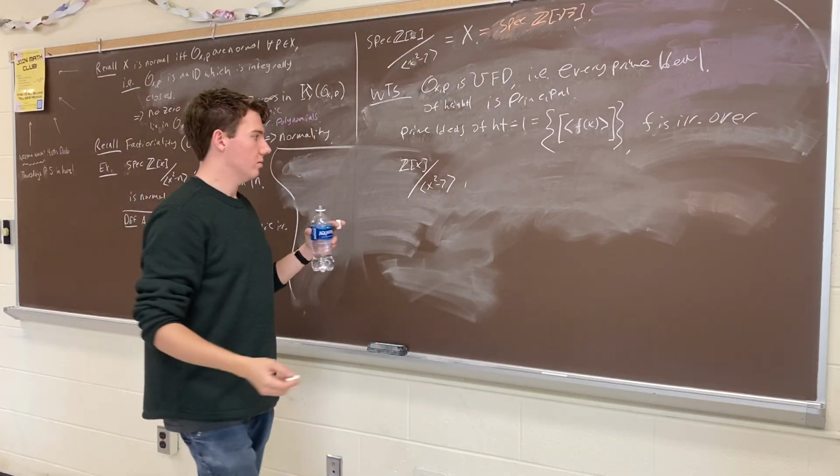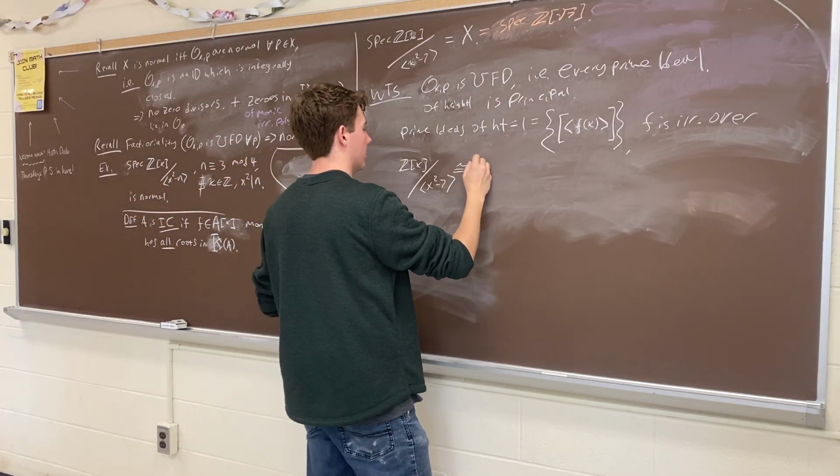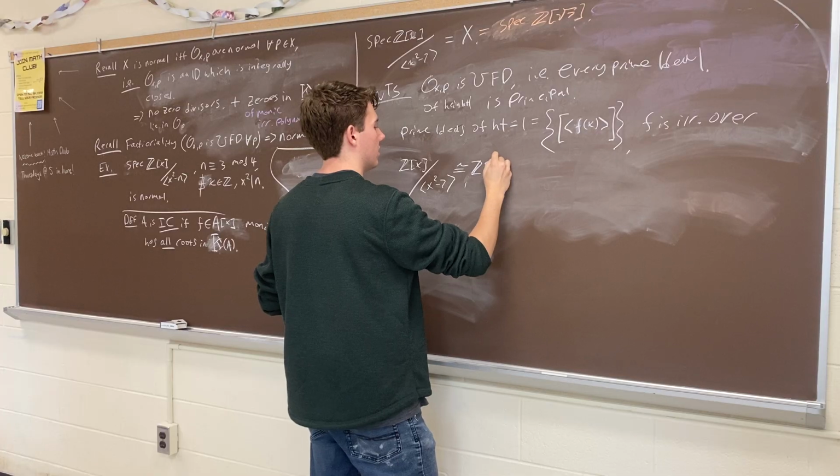Okay, so then we said that this is just Z over square root of 7.